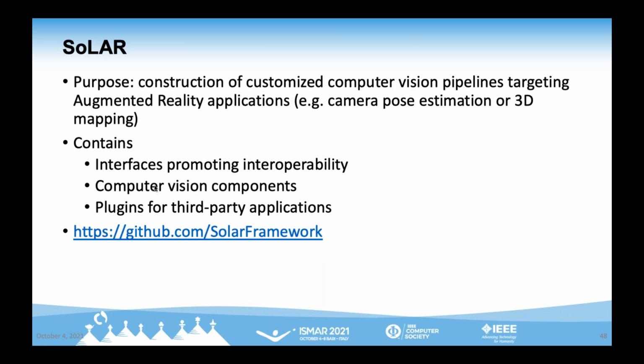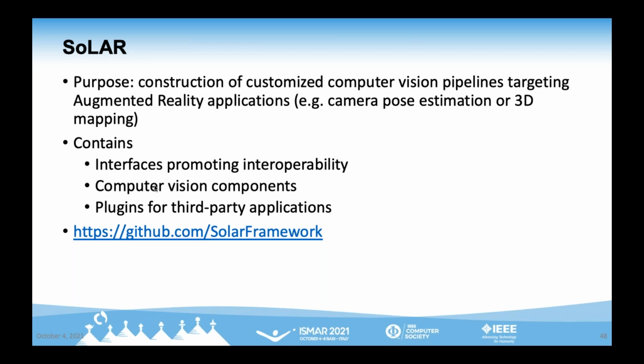Another open source project has a completely different purpose, and it is focusing on a computer vision pipeline targeting AR. For example, the computer vision pipeline for camera pose estimation or 3D mapping.